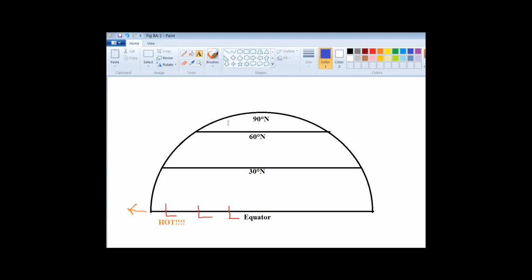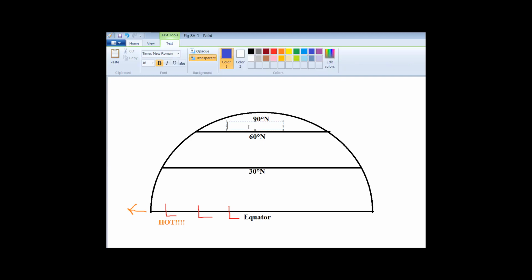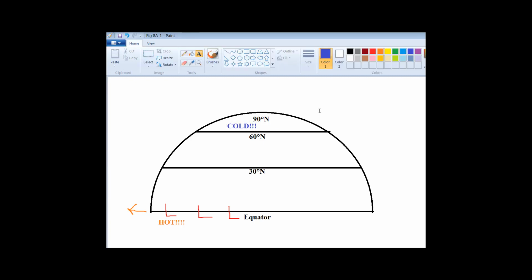So up here, the North Pole is going to be cold. And what does cold air do? Well, cold air sinks. And this creates a big, beautiful blue high pressure system over the North Pole. So we have rising air and low pressure at the equator, sinking air and high pressure at the poles.